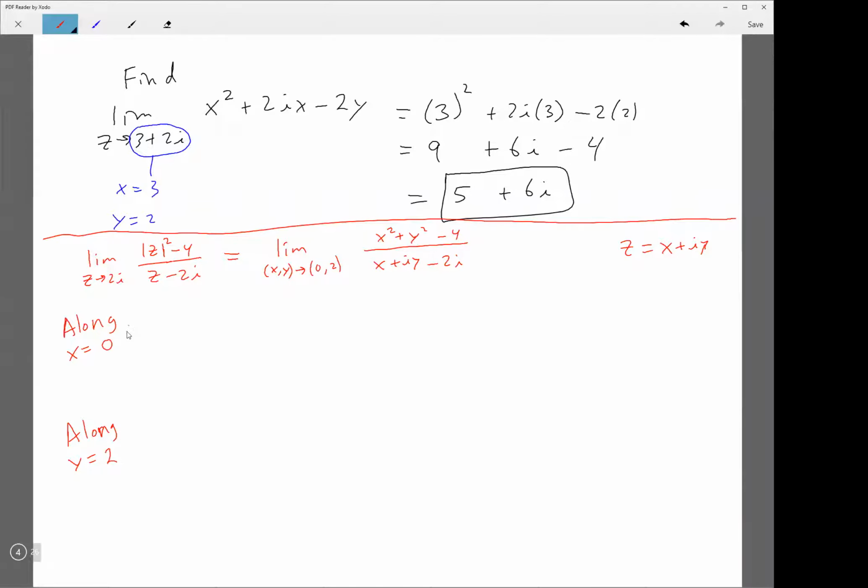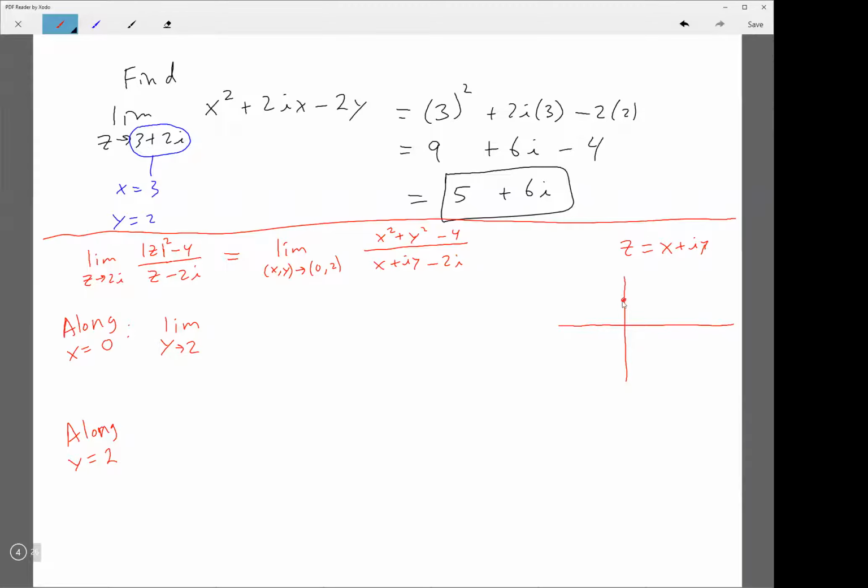That means that instead of taking the limit as x and y go to 0, 2, it's just going to be y going to 2, because we already made x go to 0. You might think, how can you just skip to the point? Well, I'm not really skipping to the point.